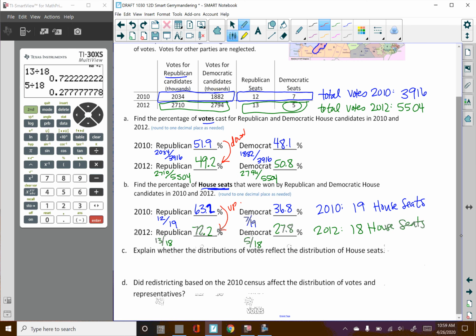So if we talk about the distribution of votes here, the distribution of votes compared to House seats. So the distribution of votes, that would be this. It does not match the distribution of House seats.